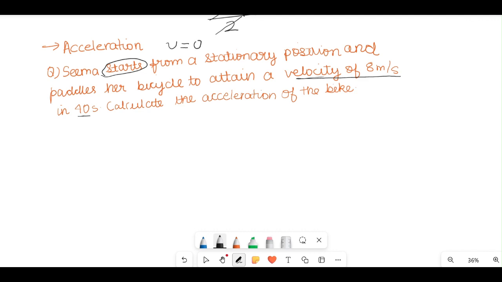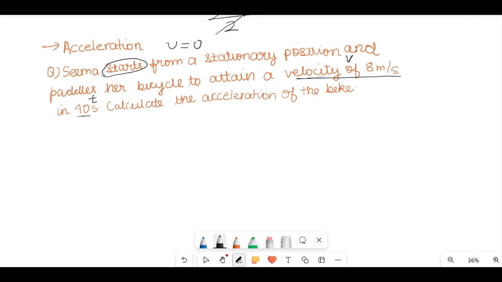And she starts pedaling a bicycle to attain a velocity, that is v, of 8 meters per second in the time that is given to us, 40 seconds. So we're given the initial velocity and we're given the final velocity. What we need to do is subtract the final velocity minus the initial velocity upon the t.